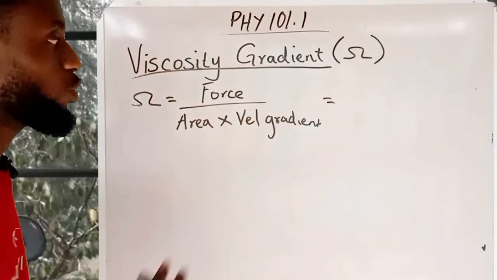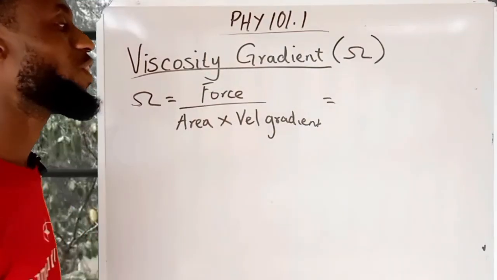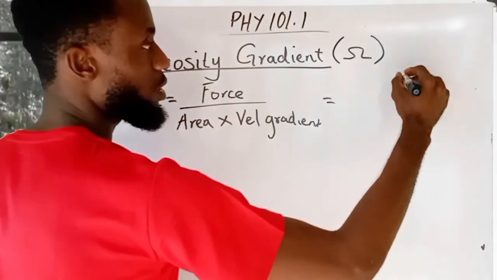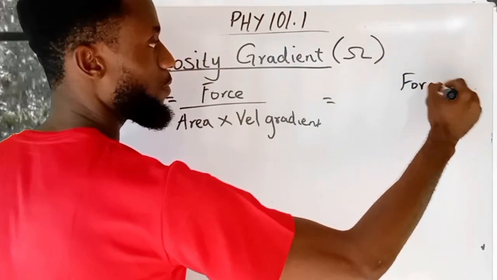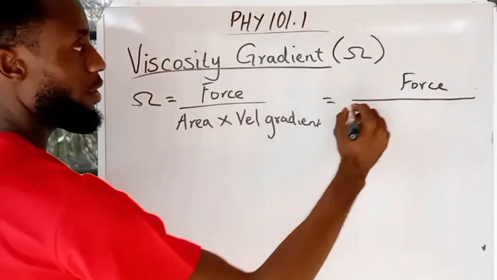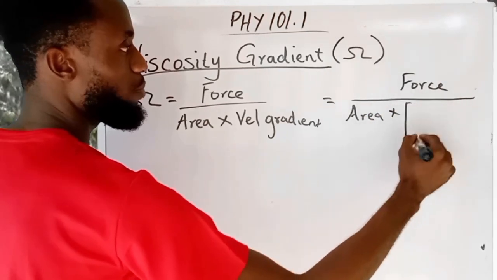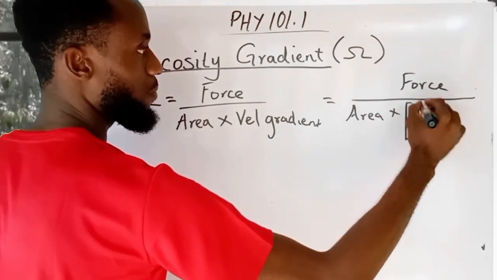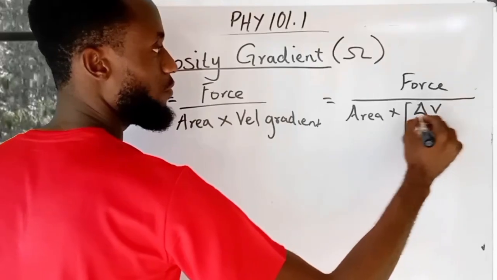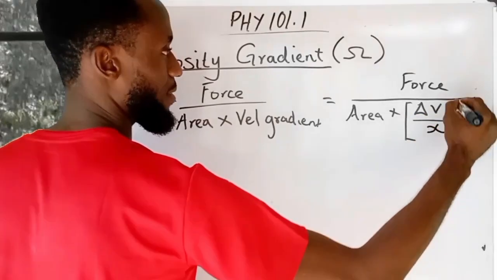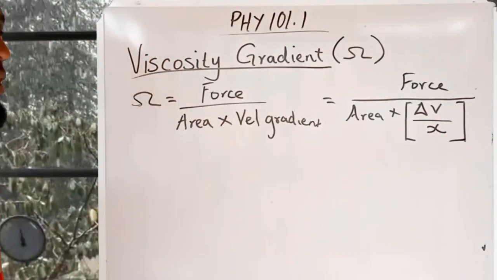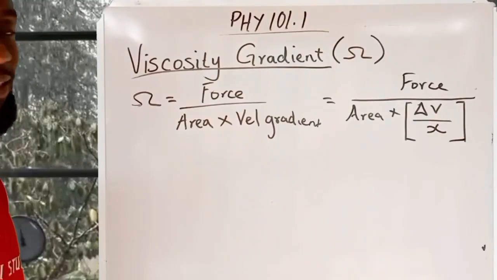What some don't know is the meaning of velocity gradient. Velocity gradient simply means change in velocity divided by x, where x means distance, so it's a measurement of length.